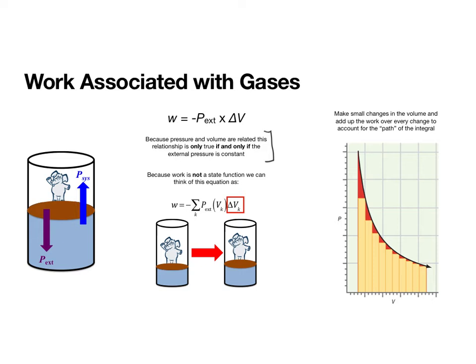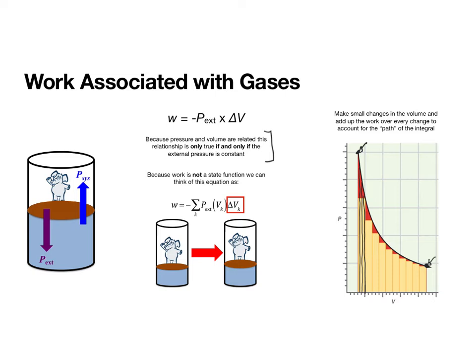And so if we think about our P initial is here, our P final is here, and we wanted to find the work, what we can do is take small steps along this change in volume and add up the results from each of those.